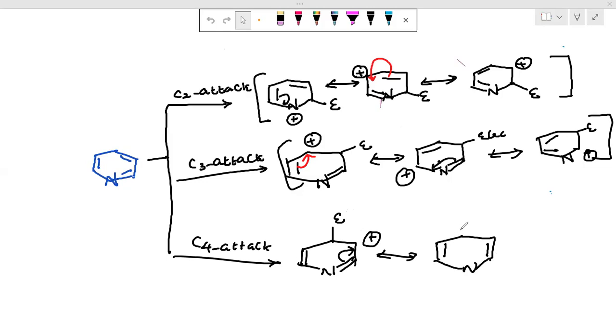Here the electrophile has attacked. Since this goes here, there will be a positive charge on the nitrogen. Then move on to the third structure. To balance this nitrogen, this will be shifted over to here, to the formation of the compound as electrophile and this double bond, so there is positive charge here.